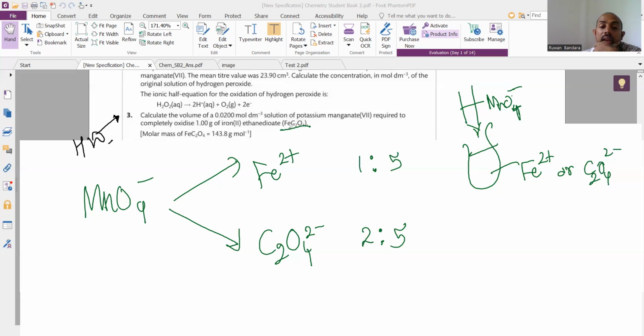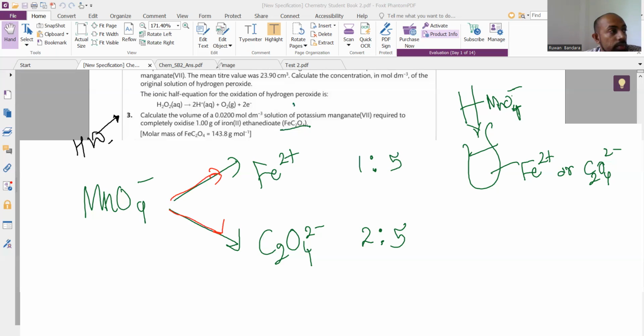Therefore, in the titration or in the calculation, you have to consider the total amount of manganate that reacts with Fe2 plus as well as C2O4 2 minus.